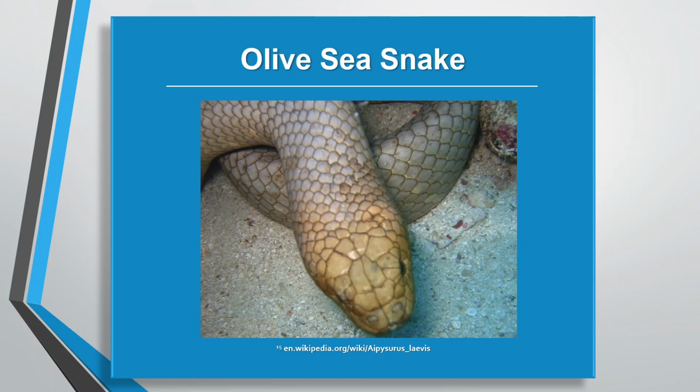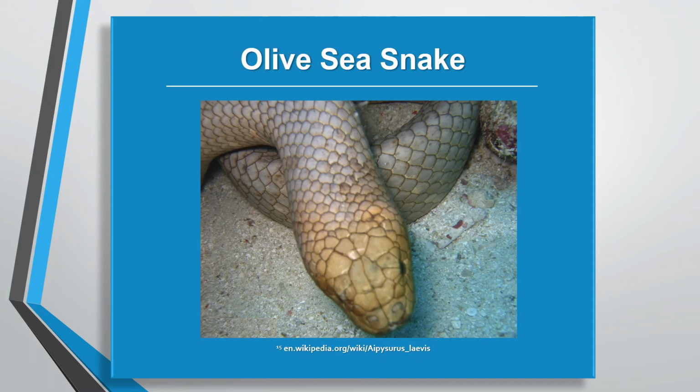The body design of an olive sea snake, as for all sea snakes, is so different from a typical land snake that they can't even crawl on land. And again, the only exception to this is the genus Laticauda, the sea krait. They are completely designed for life in the water.